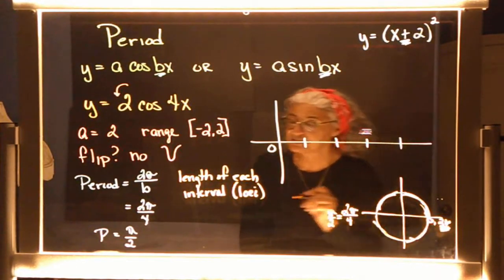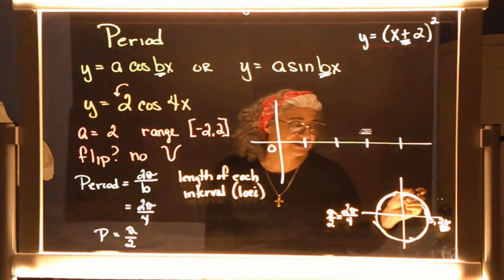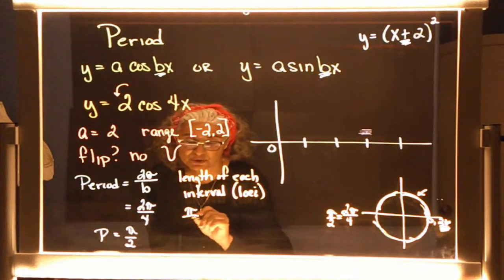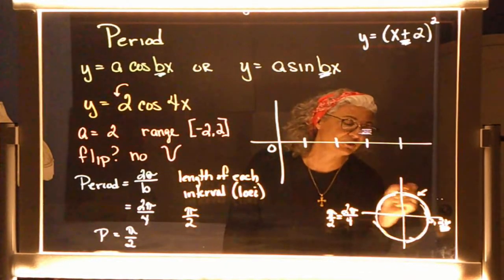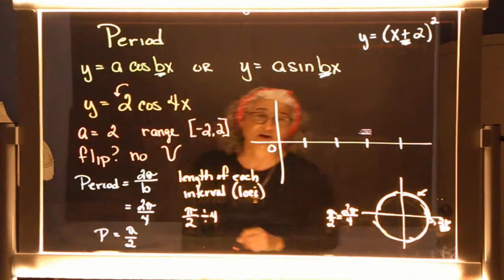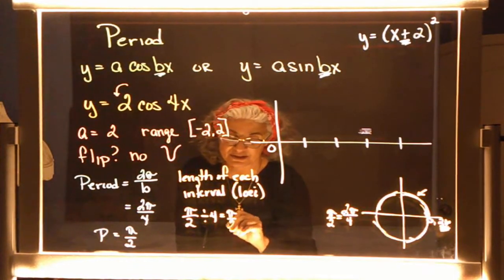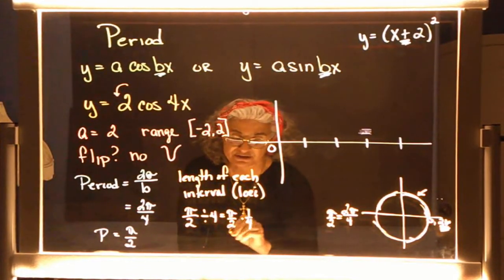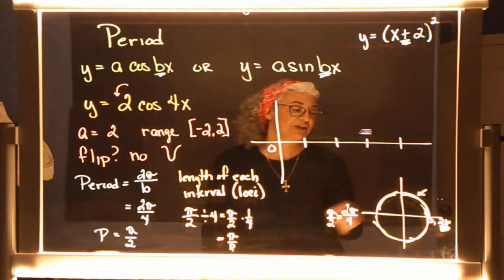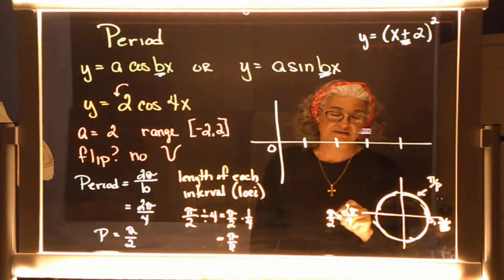Good. Which means for us to find, in this case, the length of each of these quadrants, I'm going to take the pi over 2, which is the new full rotation amount, and divide it by those 4 quadrants. And yes, I'm expecting you remember how to divide by fractions. So you're telling me the length of each interval is going to be pi over 8. In this case each of these is now going to be pi over 8.